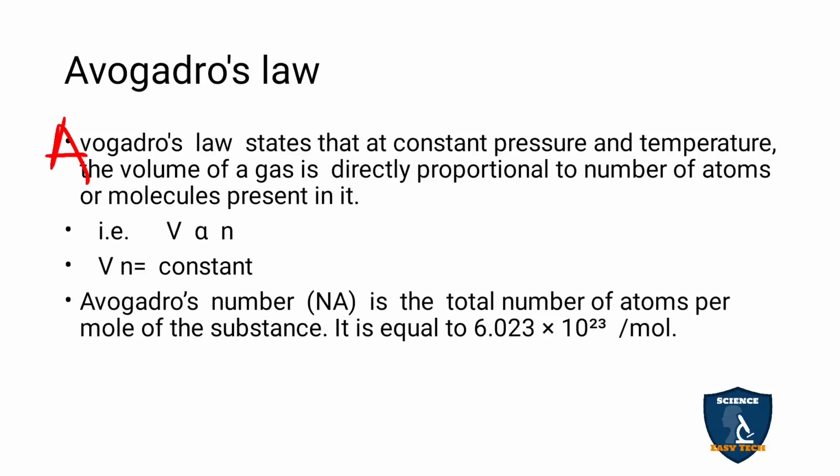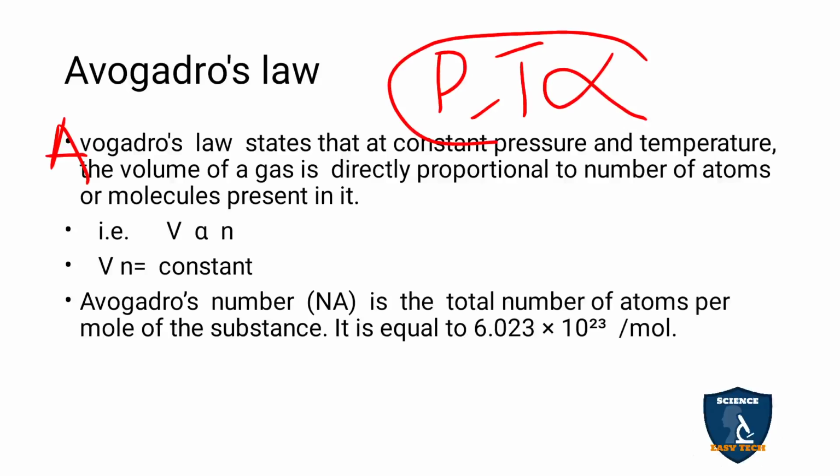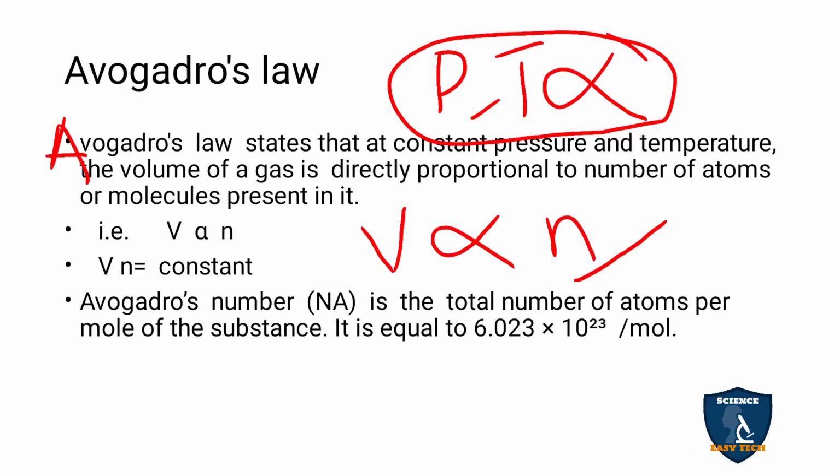In Avogadro's law, the pressure and temperature are both kept constant, and the volume V is directly proportional to the number of atoms or molecules, which is denoted as small n. So we can write V by n is equal to constant.